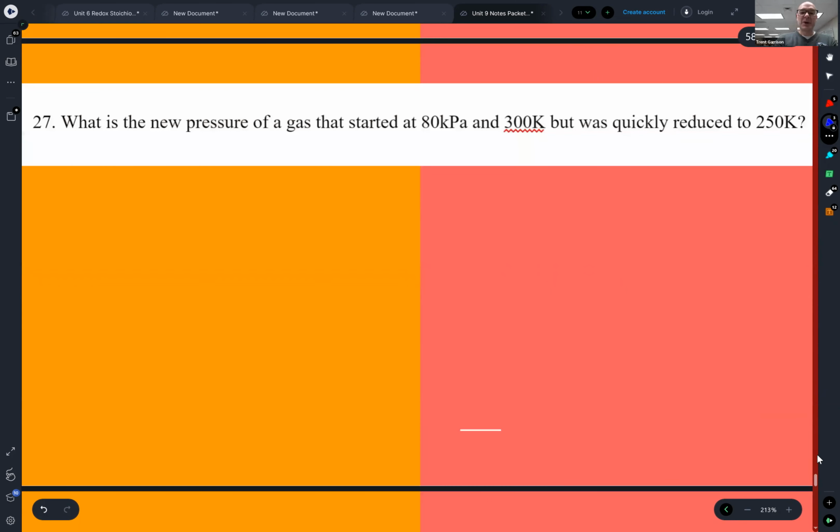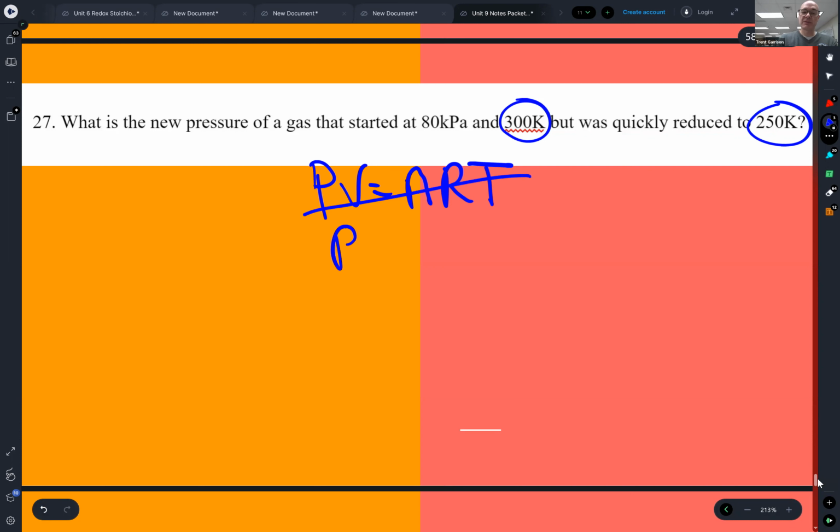So I've got PV equals nRT, but notice that I've got two temperatures. That tells you that PV equals nRT can't be used. So I will go with PV over T equals PV over T. Now that I have two temperatures, I'm also given one pressure. So I know that the volumes are not being used.